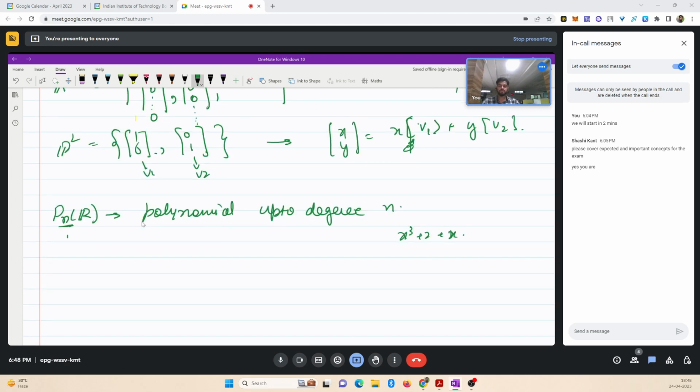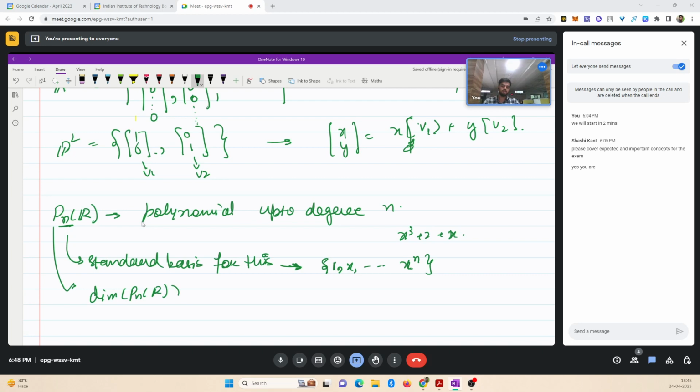So the standard basis for this is 1, x, up to x to the power n. So what is the dimension of P_n(R)? The dimension of P_n(R) is n plus 1.